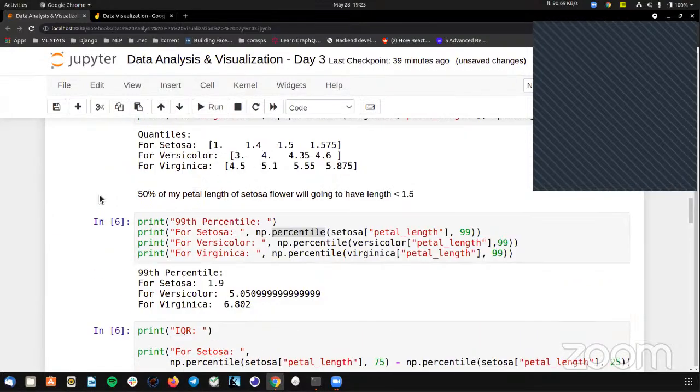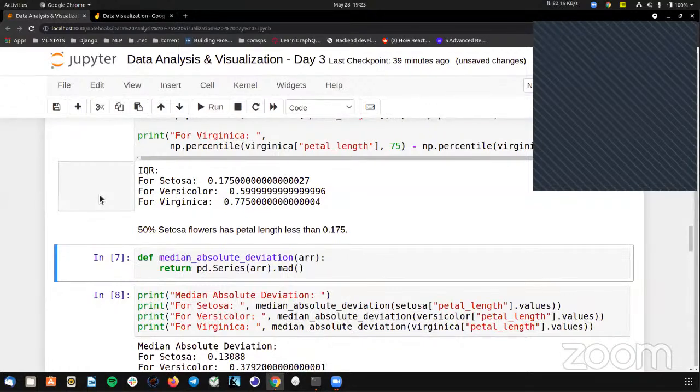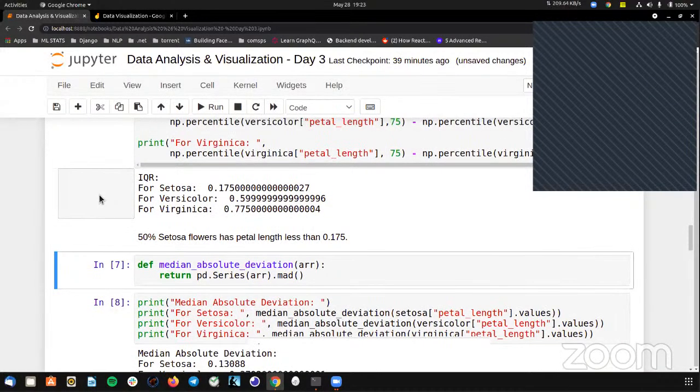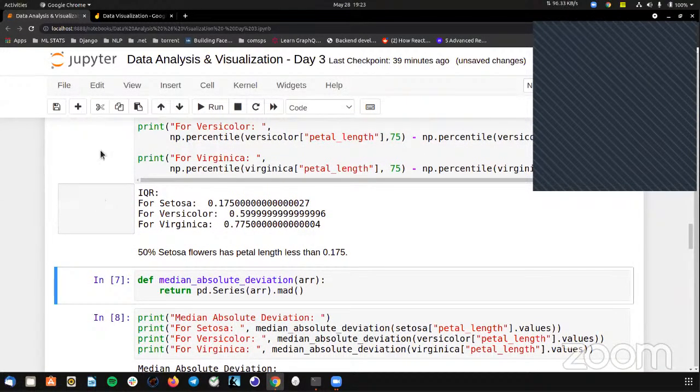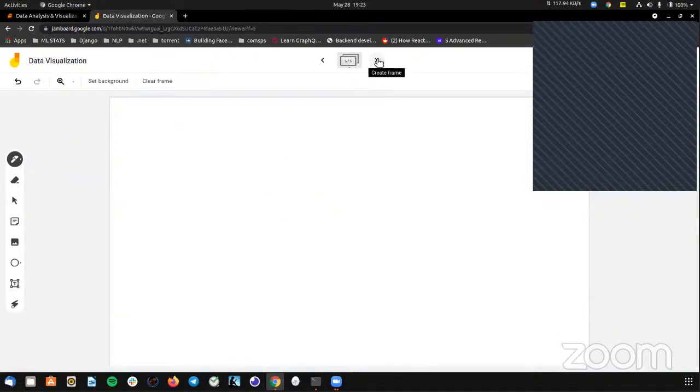Next is the median absolute deviation. Do you remember the standard deviation, what exactly it is? How do you calculate it?